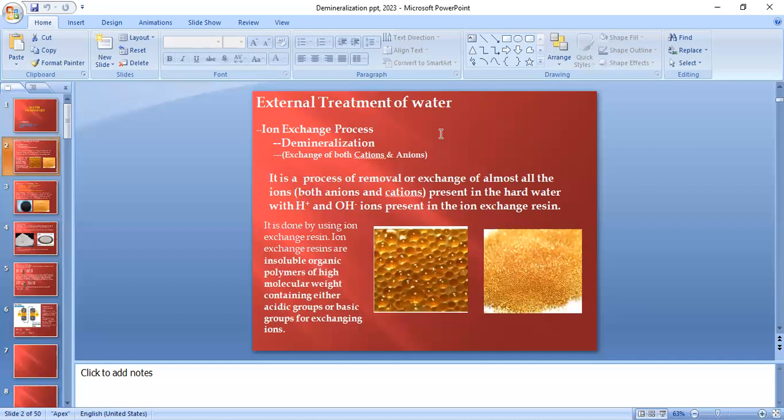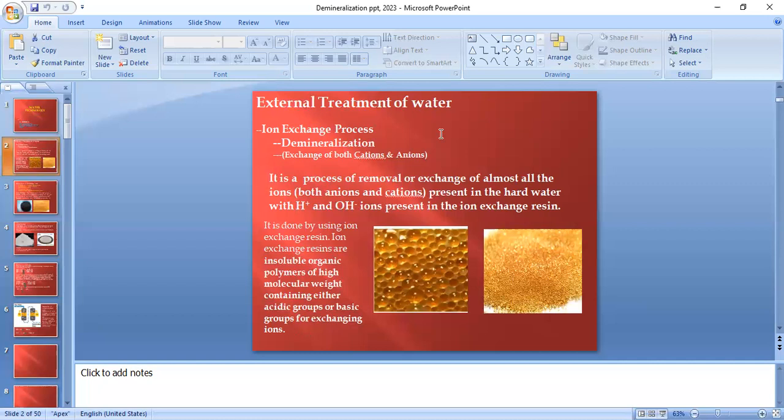Now, what do we mean by demineralization? That is the removal of minerals. That is, we are going to remove both the hardness causing cations like calcium, magnesium, etc., and hardness causing anions like chloride, sulfates, etc., from water.